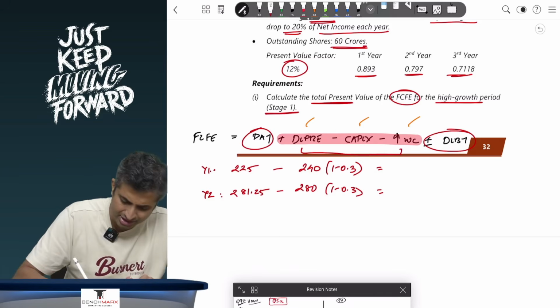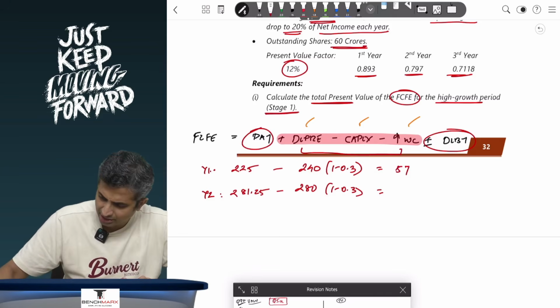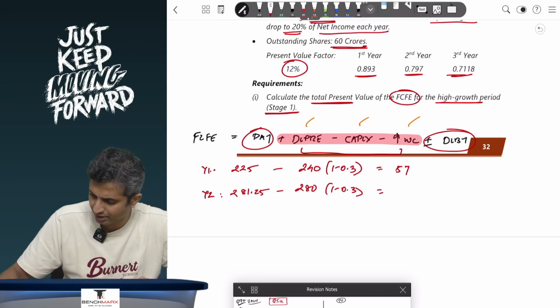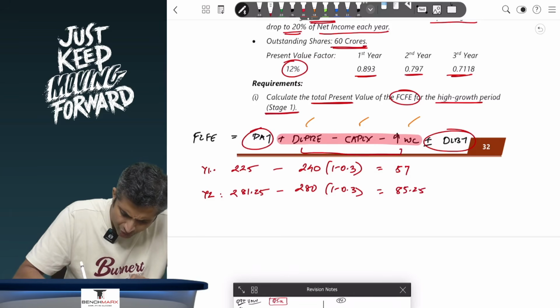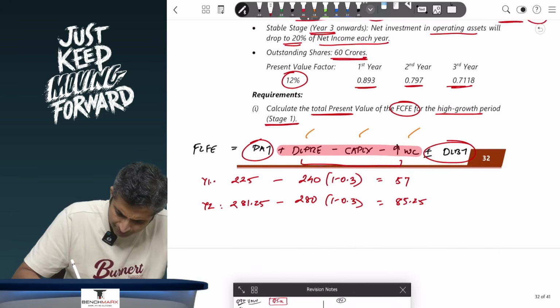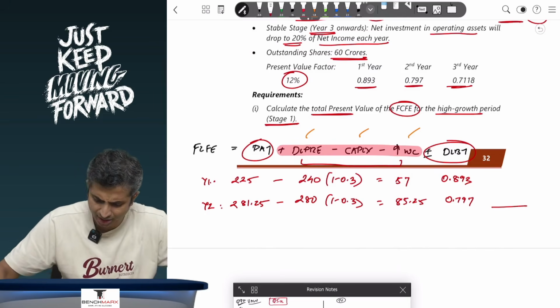So this comes to, let's say, 57, and this is what? 280 into 0.7, and you have 281.25. So this comes to, I think, 85.25. And if I discount this at the rate of 12%, this is 0.893, 0.797. I should ideally get the values that I am looking for.